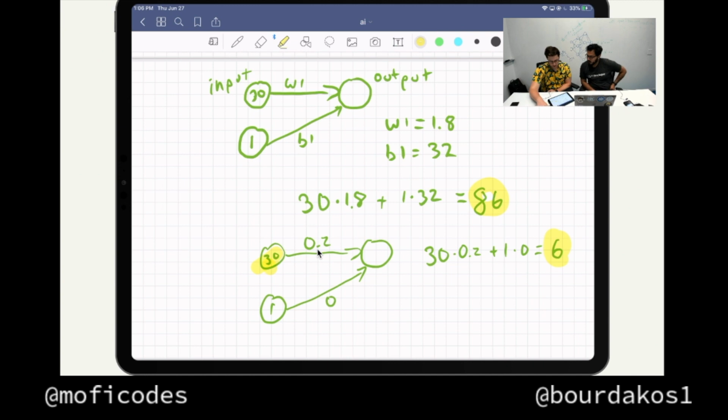So what we need to do is tell the network how badly it's doing. We need to give it a way to gauge how far its value is from the expected value.